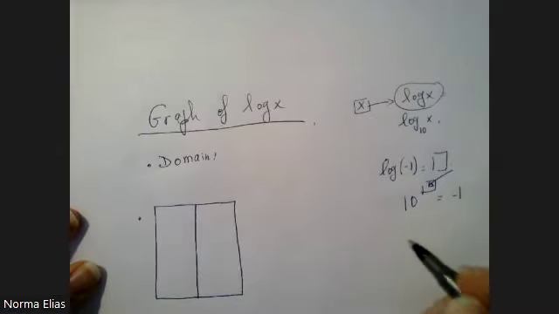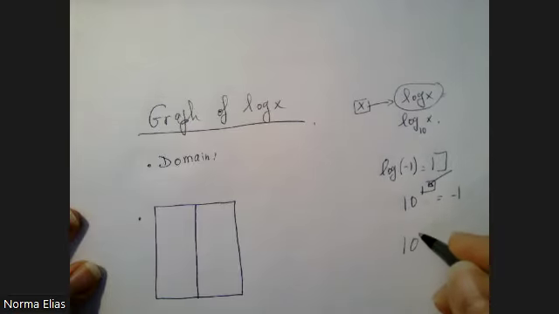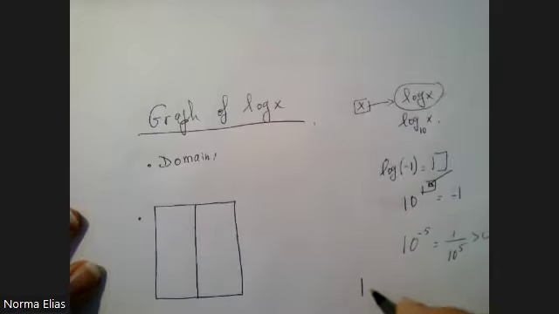And last time we decided that's impossible, because if you take 10 to a positive power, we know what it means. And if you take 10, let us say to the power -5, it's 1 over 10 to the power 5, which is a positive number. So 10 to any power is a positive number.